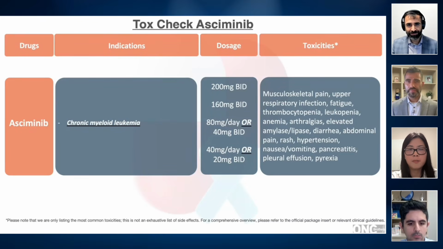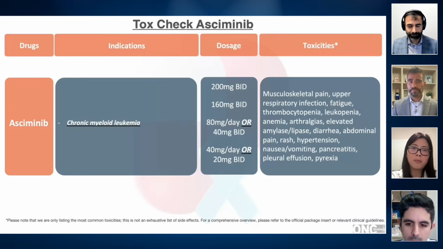Monitoring the lipase is important. I haven't had any patient run into pleural effusion issues with this drug or swelling compared to some of these other TKIs. I start patients on 80 milligrams daily, once a day. Depending on the tolerance and their molecular response, there's also an opportunity to reduce it.